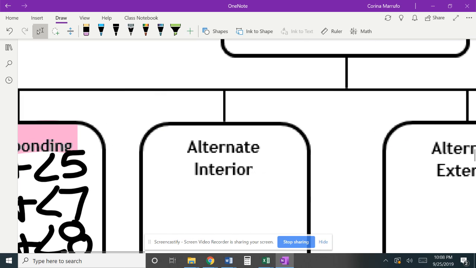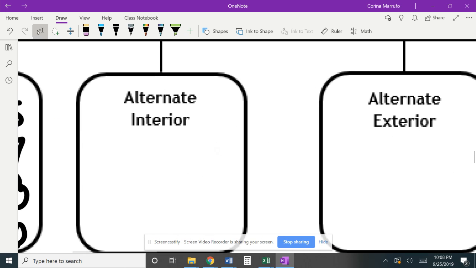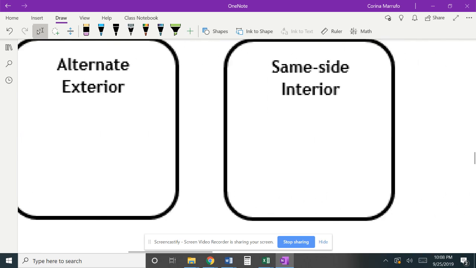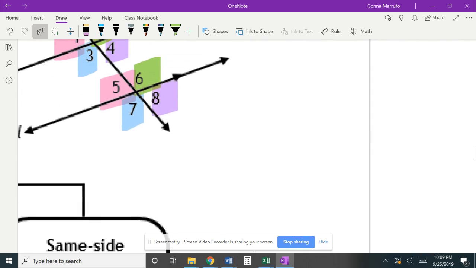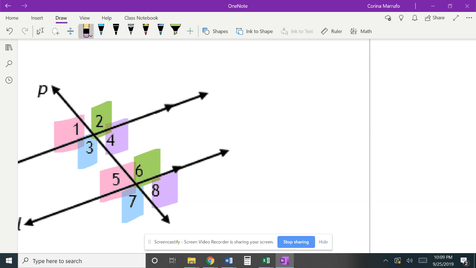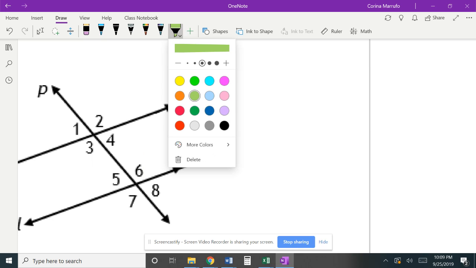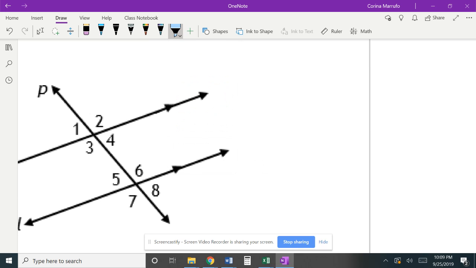All right, next we are going to name the alternate interior angles. So I'm going to look at my pair of parallel lines. I'm going to go ahead and erase what I highlighted. And then I am going to identify the interior. So the interior is this section right here. I'm going to put INT for interior.